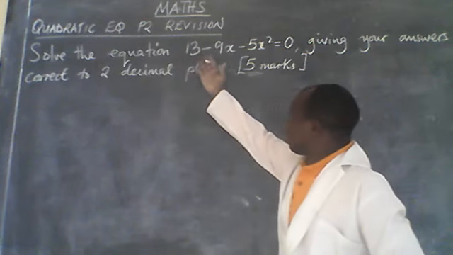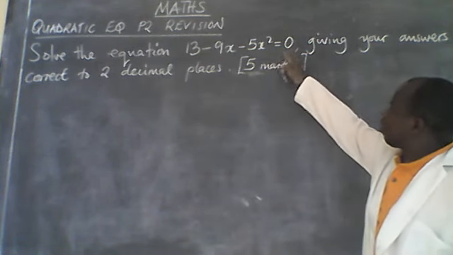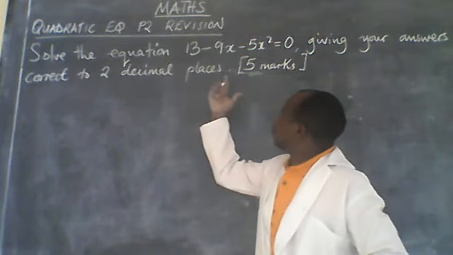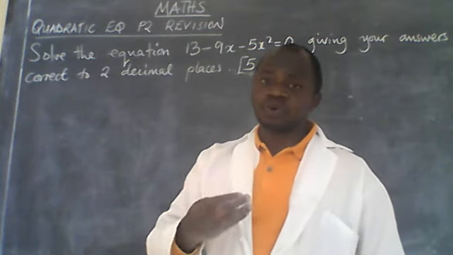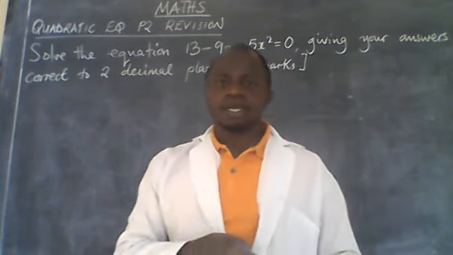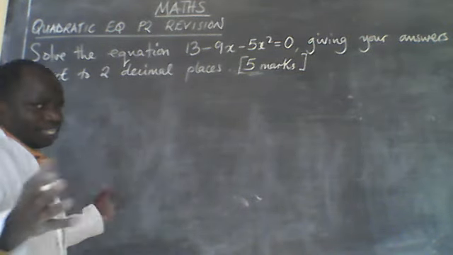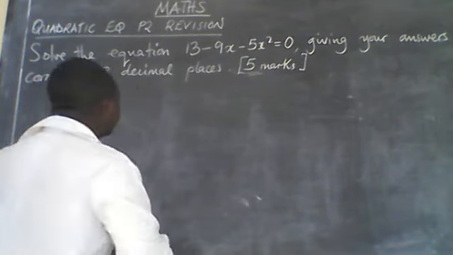So the equation 13 minus 9x minus 5x squared is equal to 0, giving your answers correct to 2 decimal places, 5 marks. Quadratic equation will always be there. Now, when you are given a quadratic equation, it can be in any form and any variable can be used.